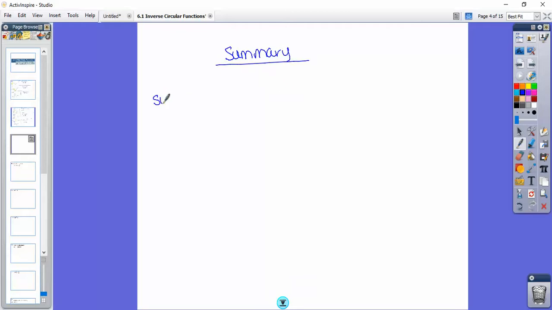And what you need to remember is if you have sine, its reciprocal cosecant, or tangent, your inverse exists in either quadrants 1 or 4.